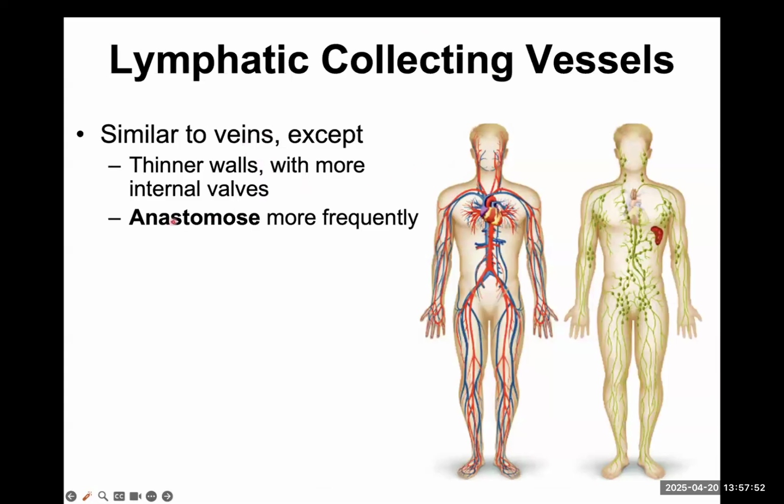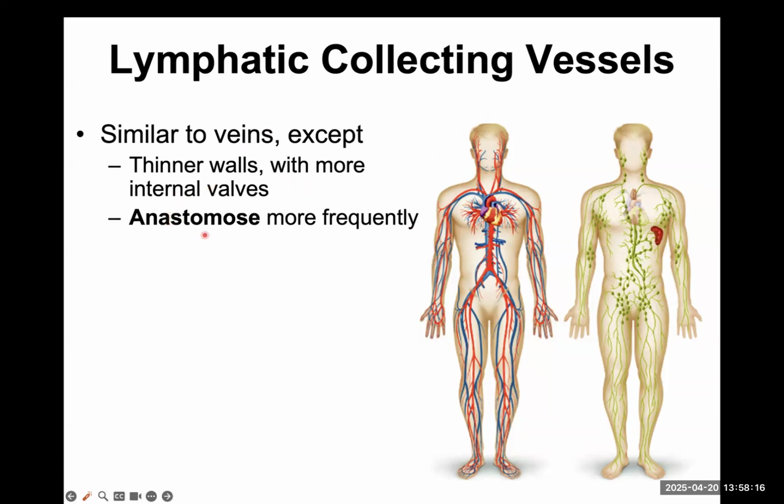So the lymphatic vessels and the veins are very similar. They have very thin walls. They have valves. So they both have thin walls. They don't have a thick muscle layer. They both have valves. So that's what's different compared to an artery.